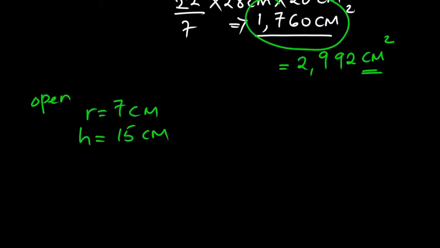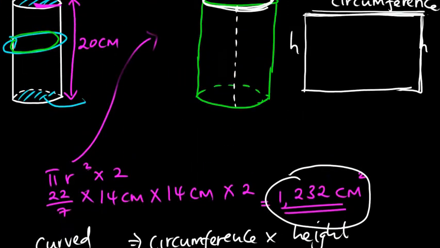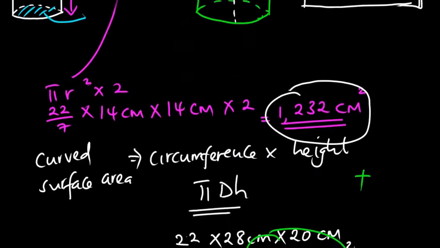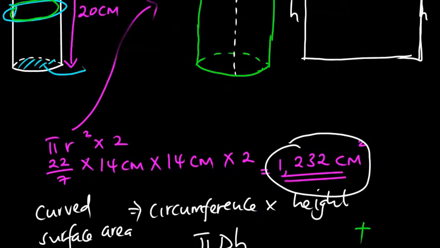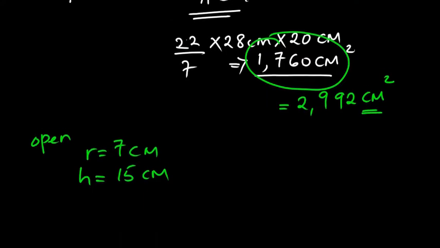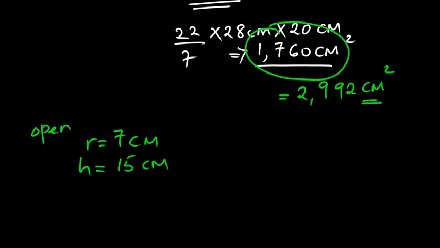We said for an open cylinder we only have one circular part, so we get the area of that one circular part, and then we add the area of the curved surface.